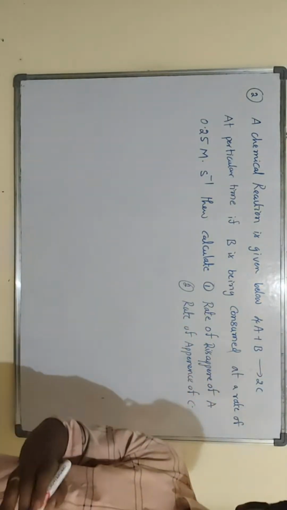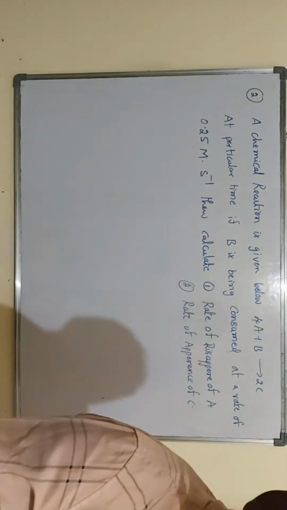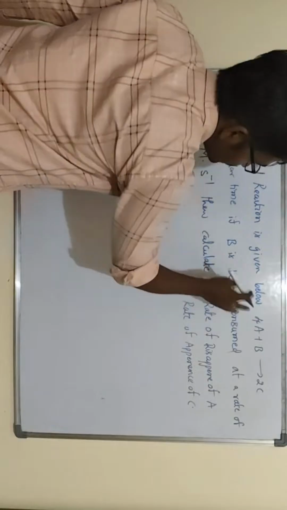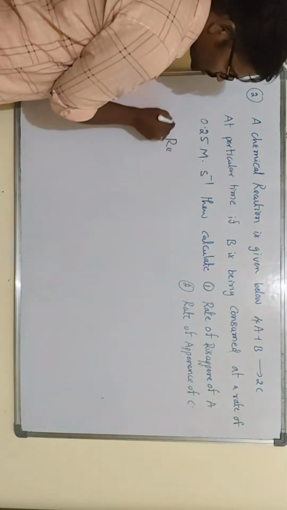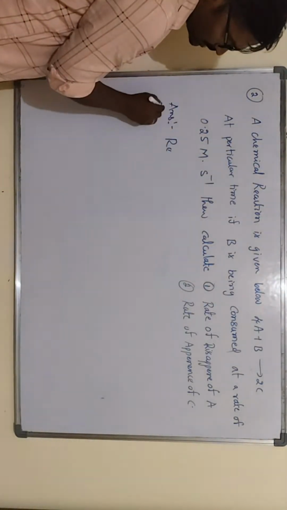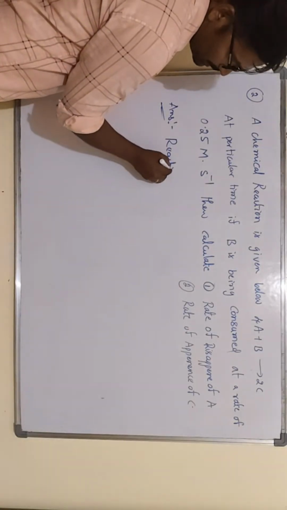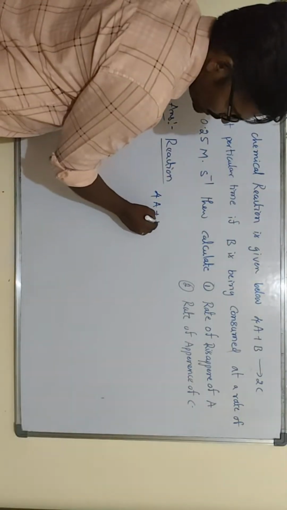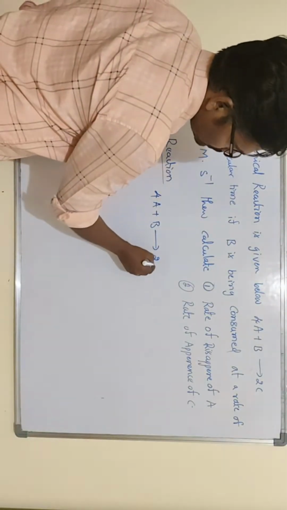Look at the question carefully, my dear students. The rate of disappearance of A and the rate of appearance of C are both asked. First, note the reaction, all of you. The reaction is 4A plus B gives 2C.